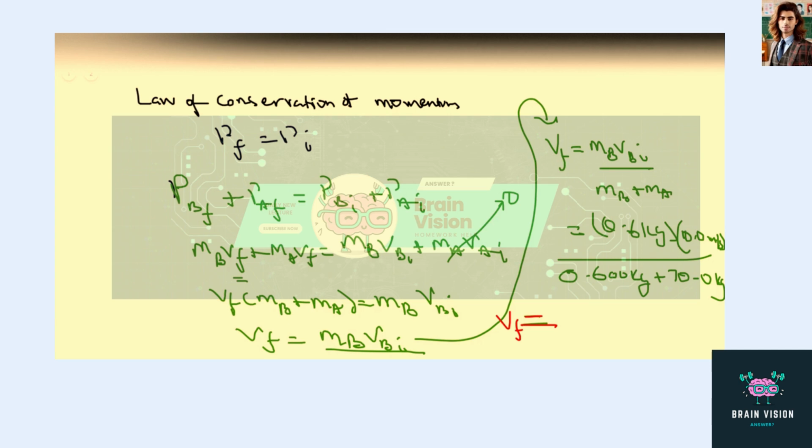divide these numbers. See, the final solution will be in terms of velocity, because when the kilograms cancel out, you end up having velocity. So we have 0.6 times 10, and then divide by 0.6 plus 70, and that gives us the final velocity between you two.